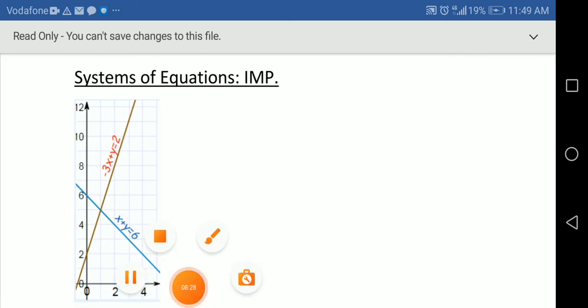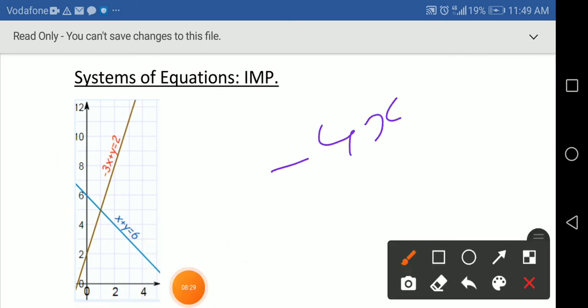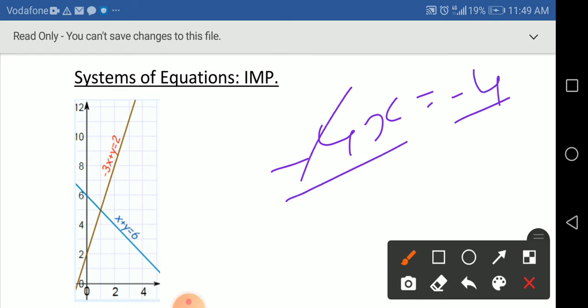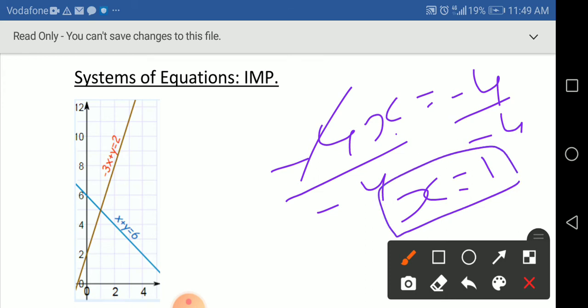Negative 4x equals negative 4. I want to solve for x, so I want to get rid of the coefficient of x. The coefficient of x means the number beside the variable x. So divide by negative 4 on both sides, so x equals 1.